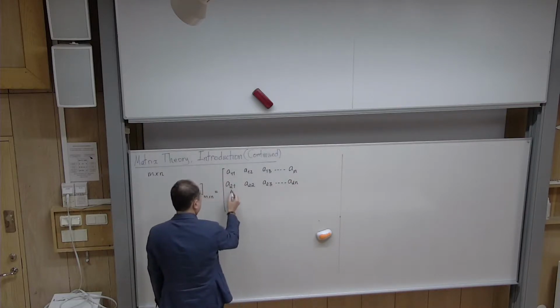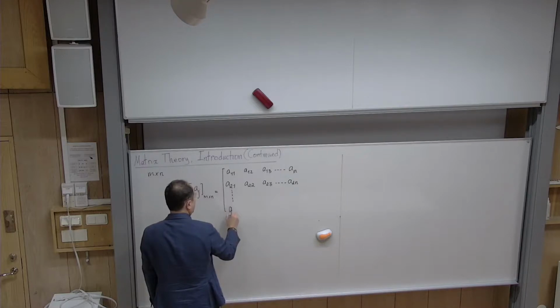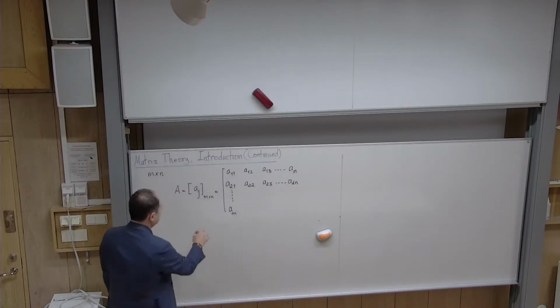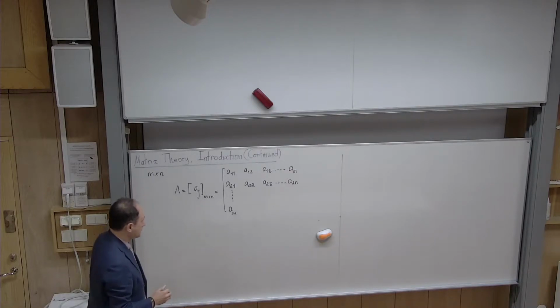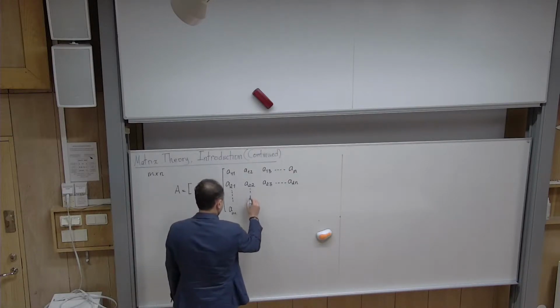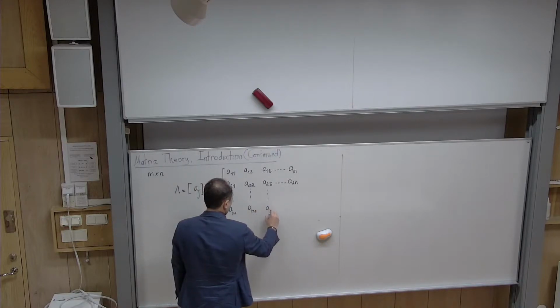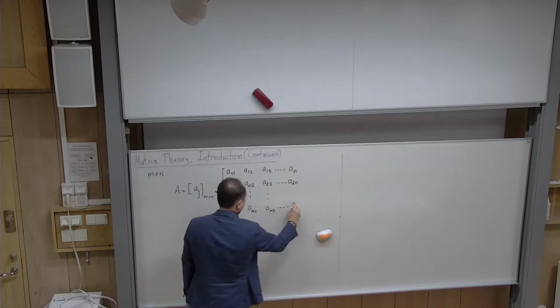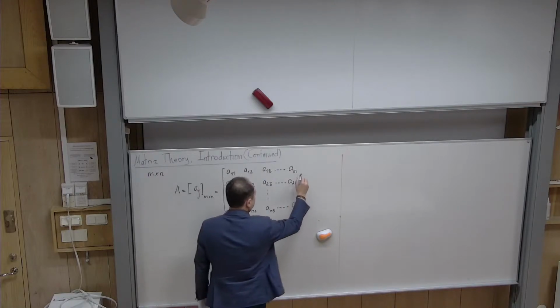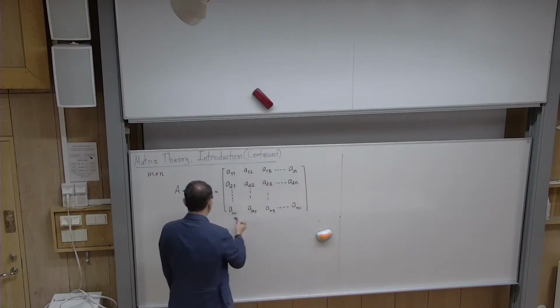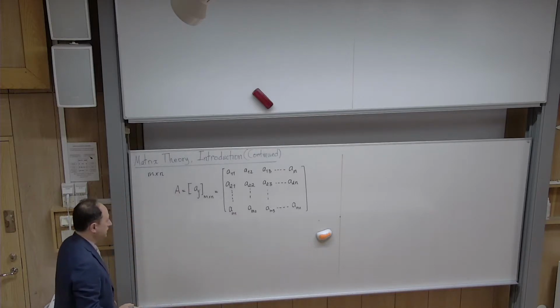And then you continue this list, and you start with Am1, because now you are on the last row, but it contains m rows, so it starts with m1, and then m2, m3, and then you continue to mn finally. So that is what you need to imagine when you see such a symbol.